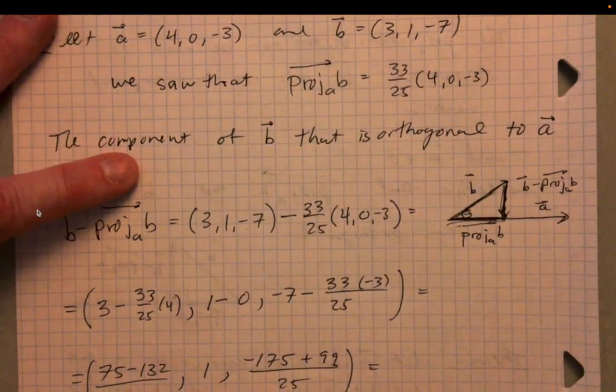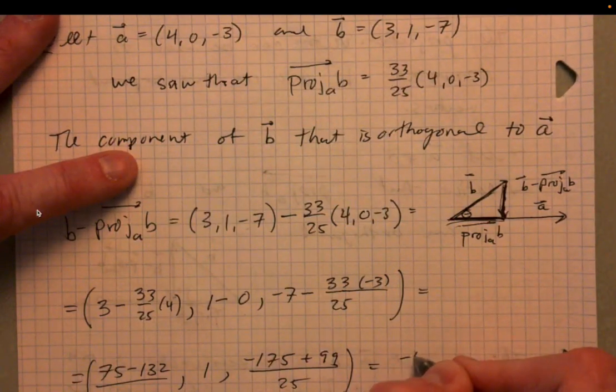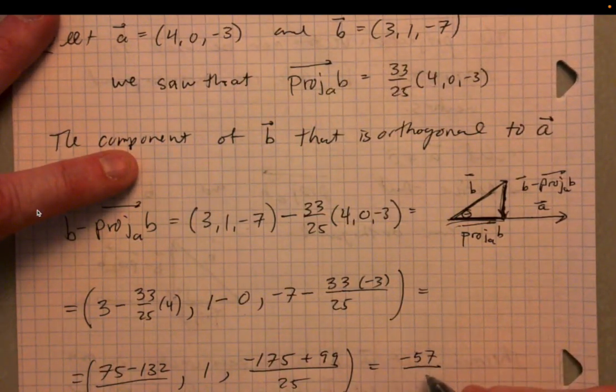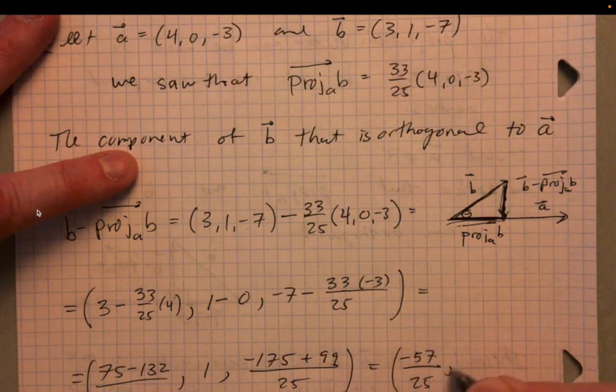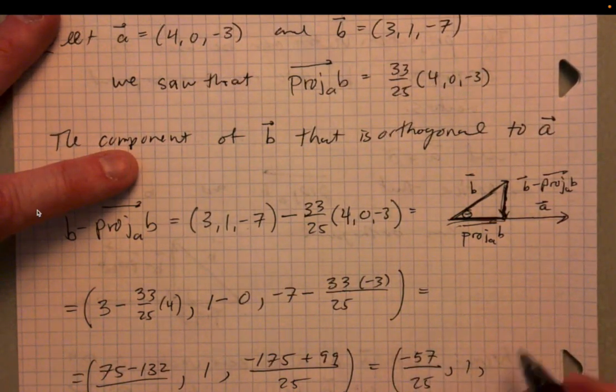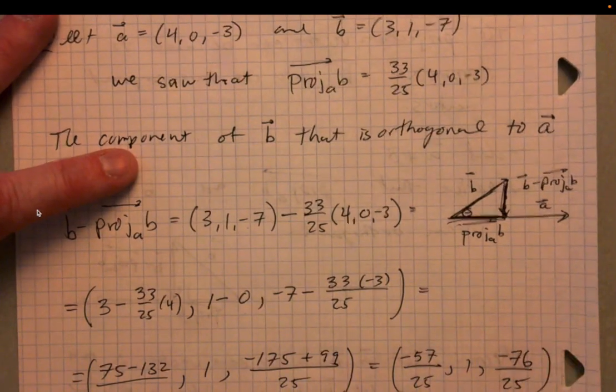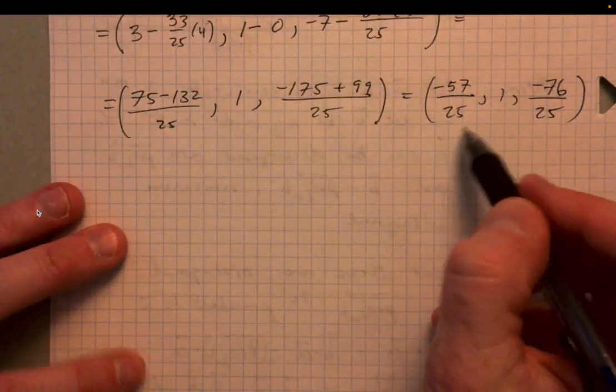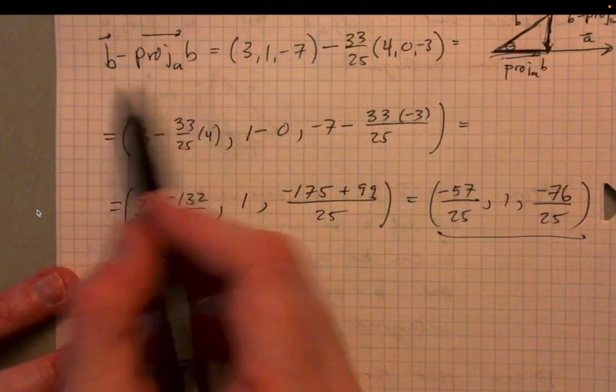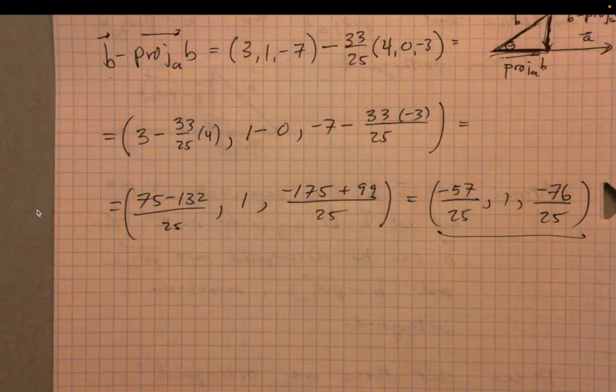And what do we get here? We get negative 57 over 25, comma 1, comma negative 76 over 25. And so this is the orthogonal component that we're after.